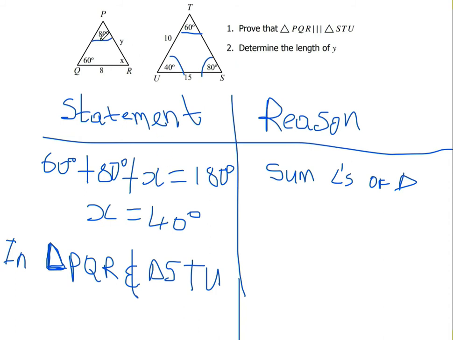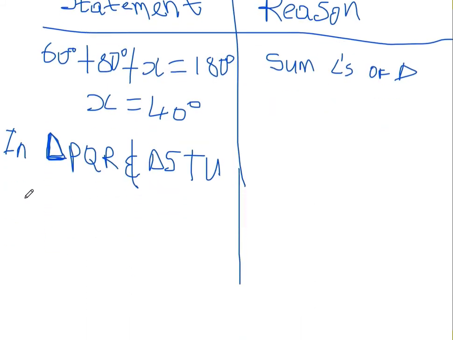So what do you know about triangle PQR and STU? We know the angles. We know that angle P and angle S are equal, and they're equal to 80 degrees, right? But these ones are given to us. So the reason here we say given.